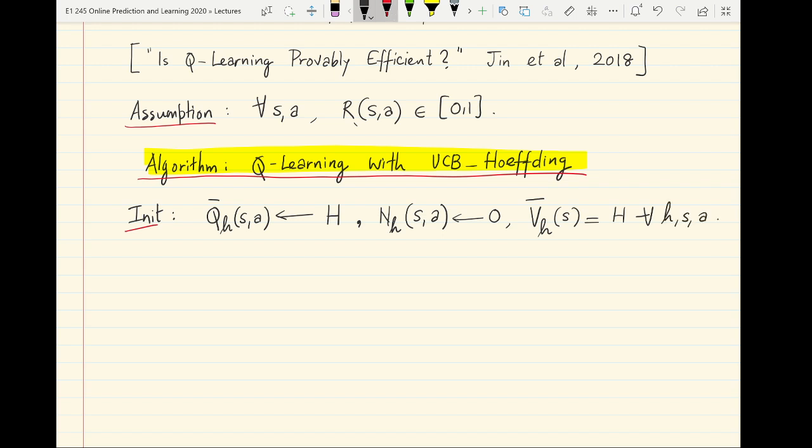Okay, so N h(s,a) is going to keep track of the number of times that the learner plays a at s at step h.